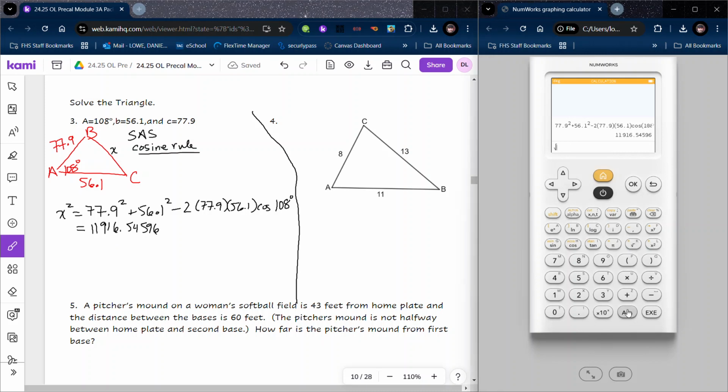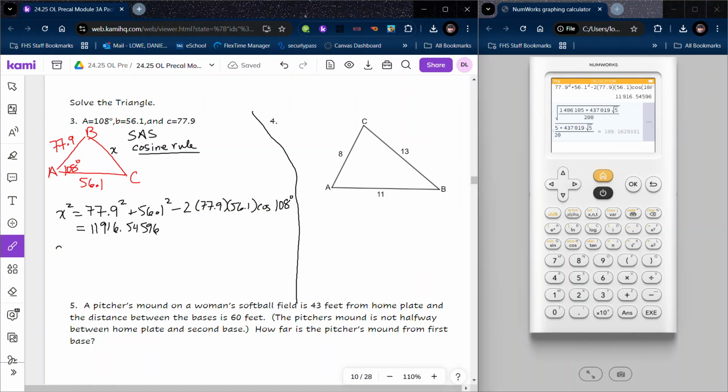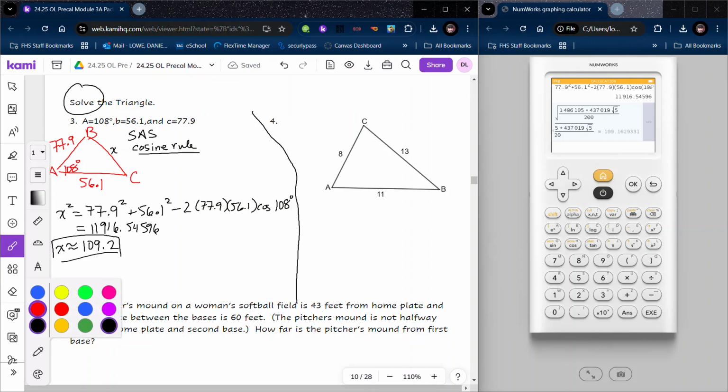So if I take the square root of that answer, it is approximately 109.2. So that's my side.